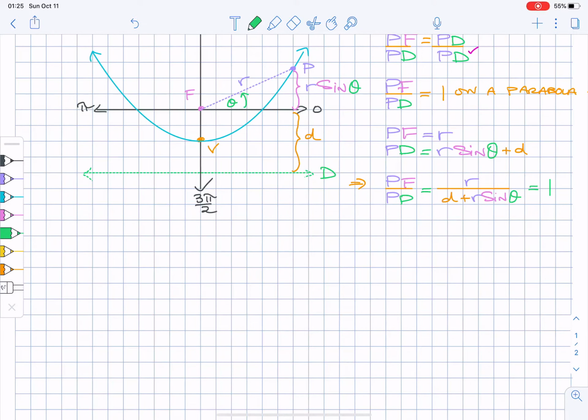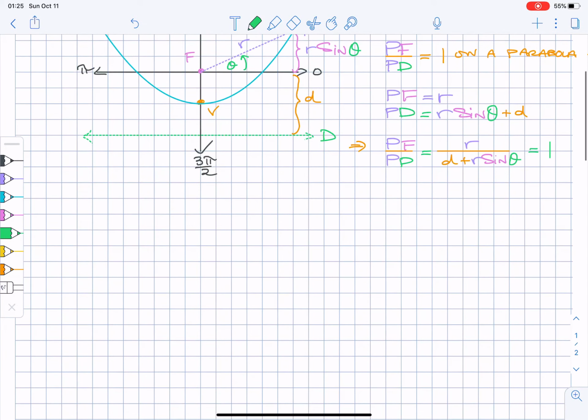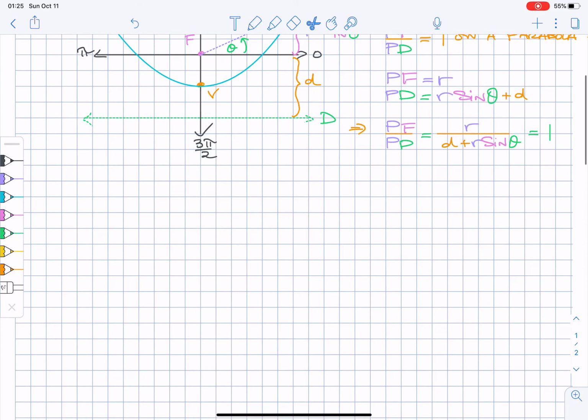So hopefully you followed me this far. So now let's take this equation and cross multiply, because my goal is to isolate r. We always want to solve for r if we're dealing with polar equations.